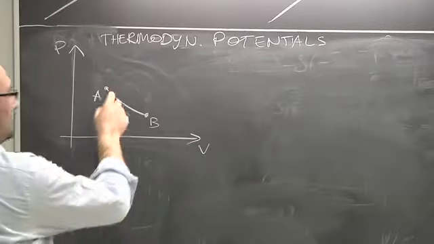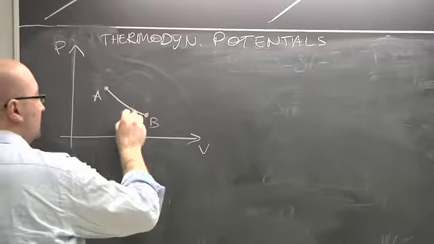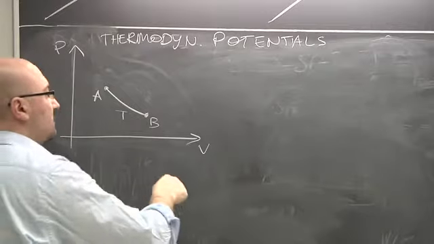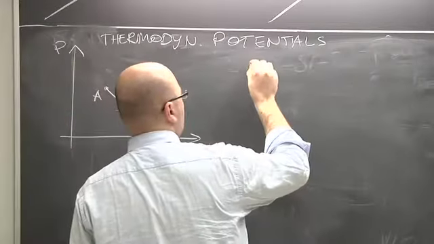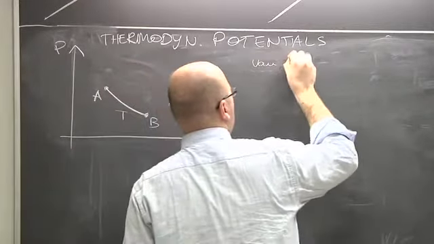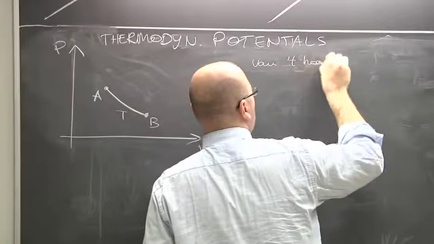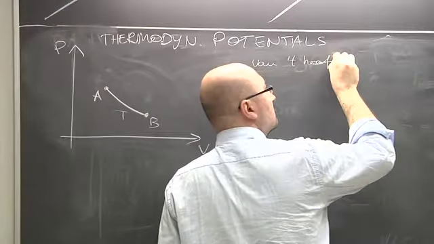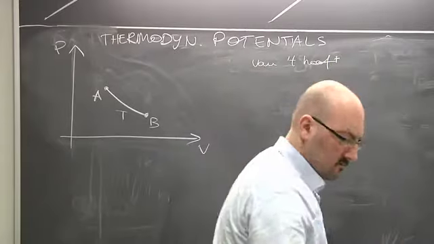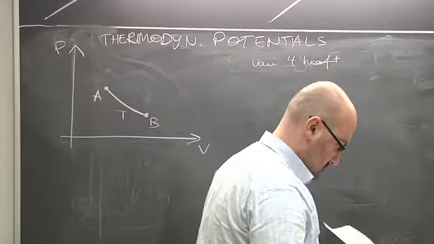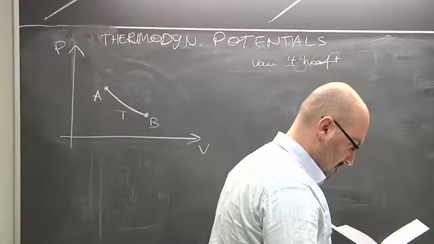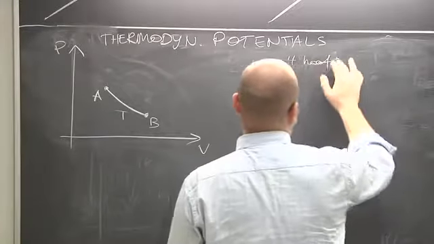Okay, so let's consider this transformation. This transformation is isothermal, and this construction is called the van 't Hoff isochore.